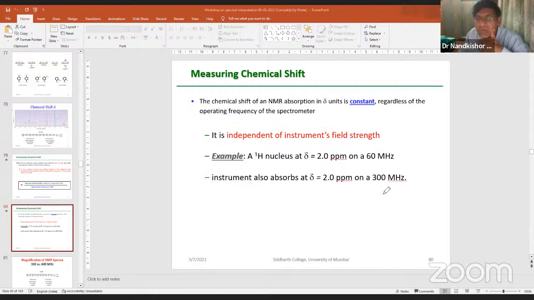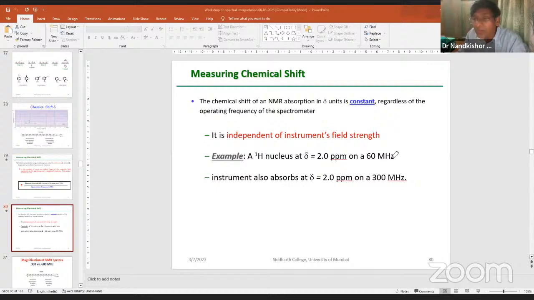Now, if I change the instrument to 300 megahertz, will that delta change? The peak will remain constant, because this delta value is constant for the instrumental frequency. Whether it is 700 or 600, your delta value will not change, because it's a ratio.